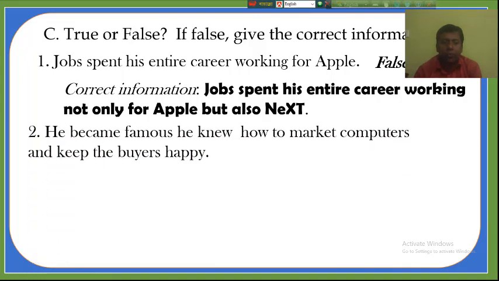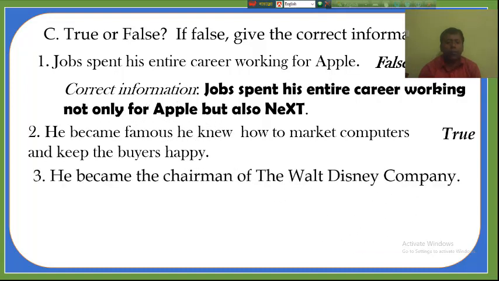Number 2. He became famous. He knew how to market computers and keep the buyers happy. Is it true or false? Fine. It is true. Dear students, number 3. He became the chairman of the Walt Disney Company.